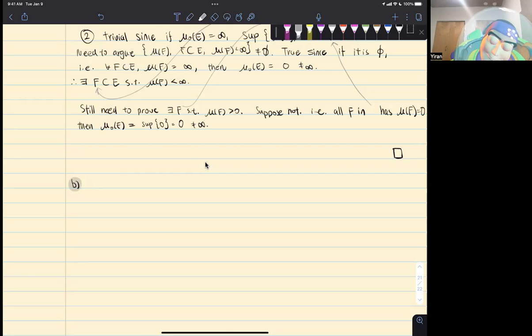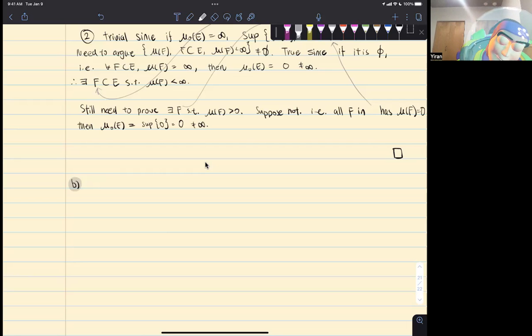Now, if E is not sigma finite, then mu of E is equal to mu naught of E plus infinity, which is mu naught of E plus mu of E, and we're done.